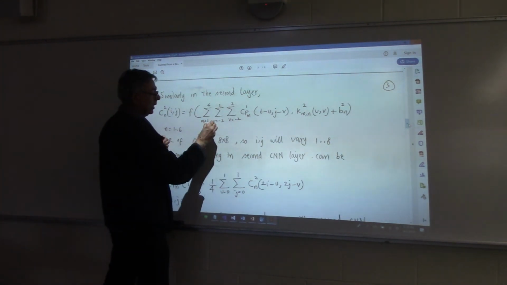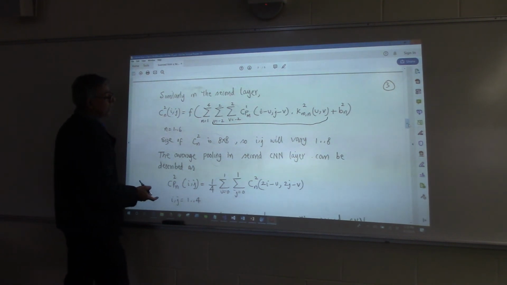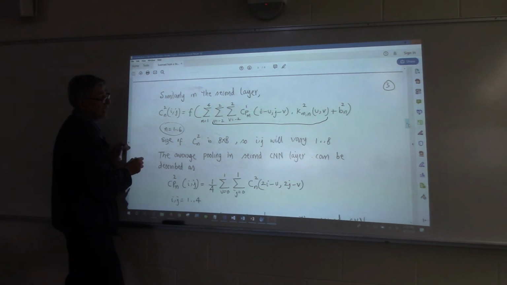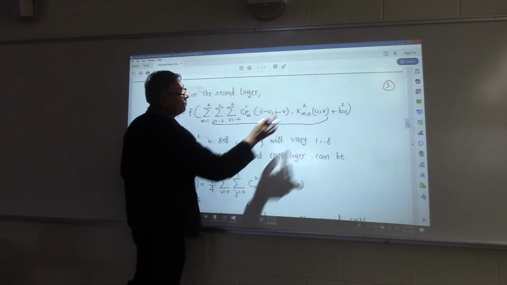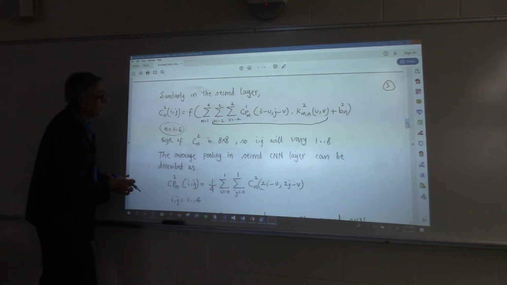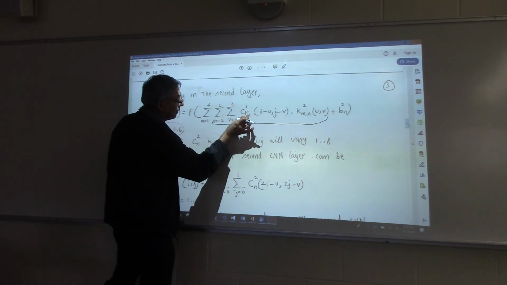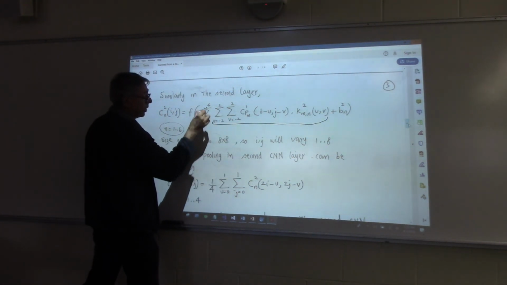And as you can see, this is the convolution basically. In this particular example, n is going to vary 1 to 6. And m, so if m varies 1 to 4, in this summation over here.